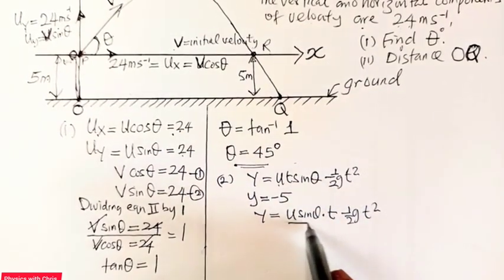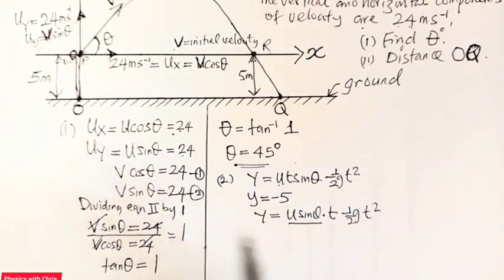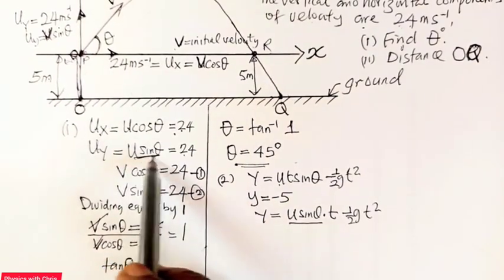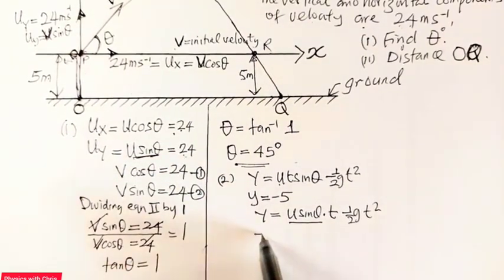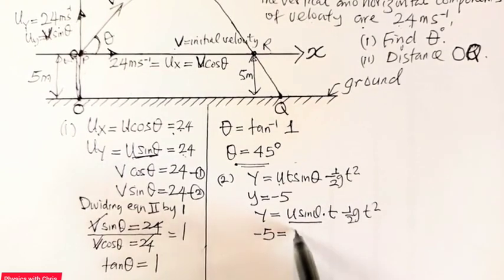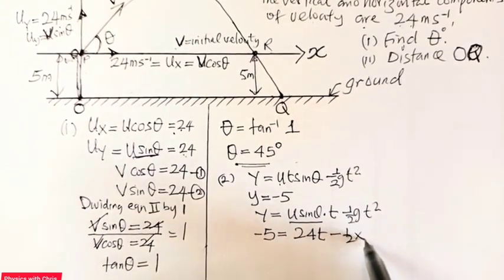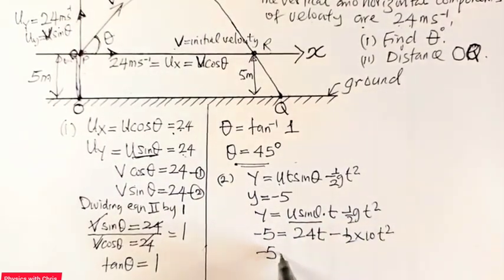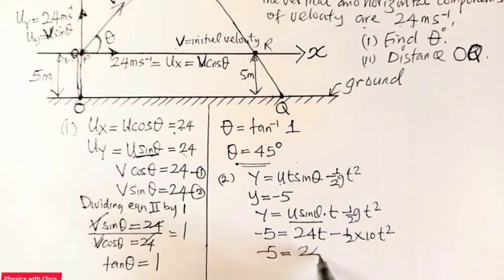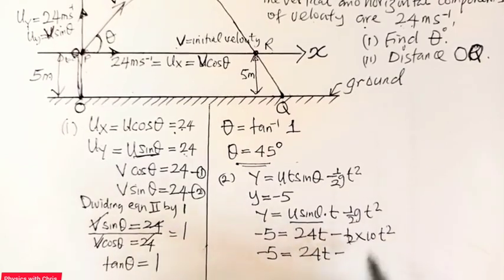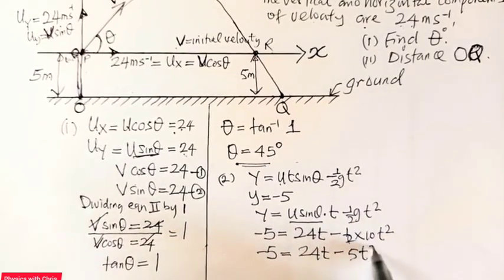Now this u sine theta was already given as 24. So I put minus 5 equals 24t minus half times 10 times t squared. This gives me minus 5 equals 24t minus 5t squared.